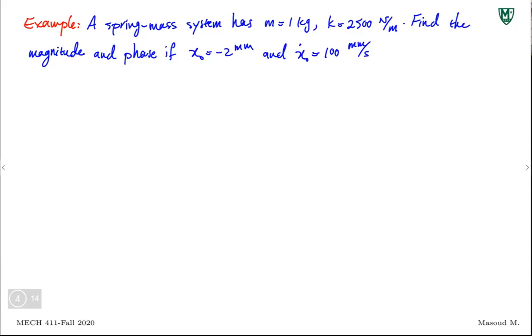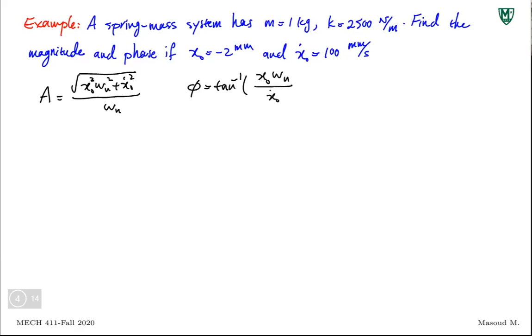Well, let's see if I start from the end. I want to find magnitude, or amplitude. A is equal to the square root of x naught squared omega n squared plus x naught dot squared, divided by omega n, and phi is equal to tan inverse of x naught omega n over x naught dot.